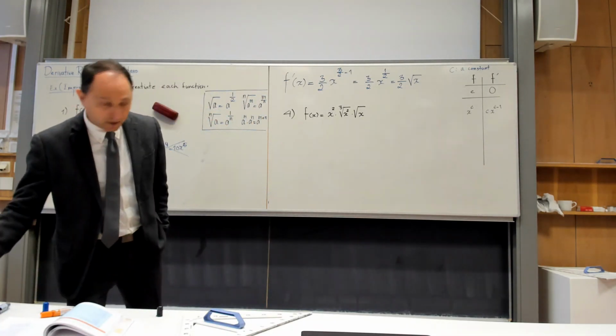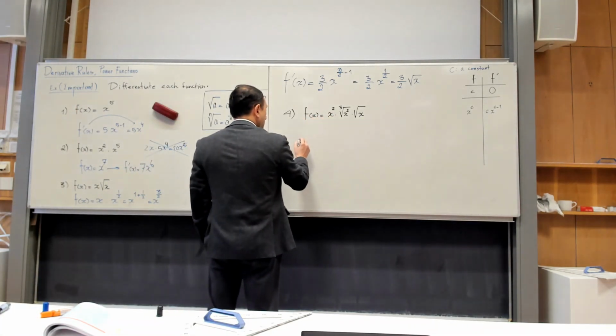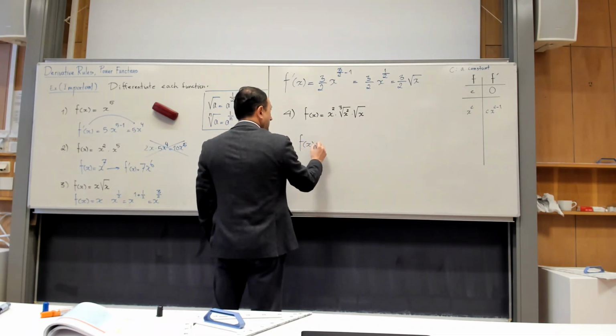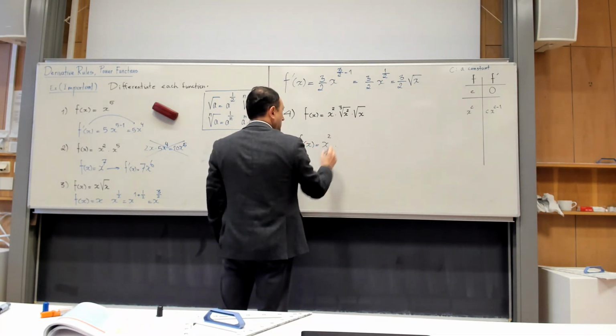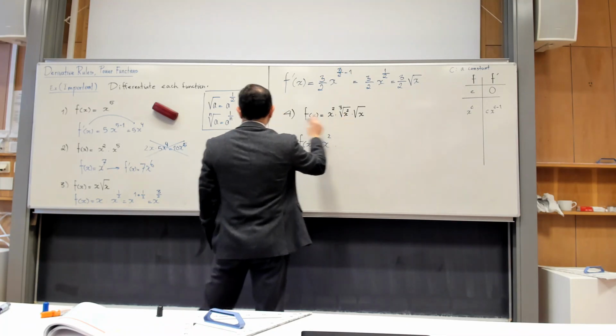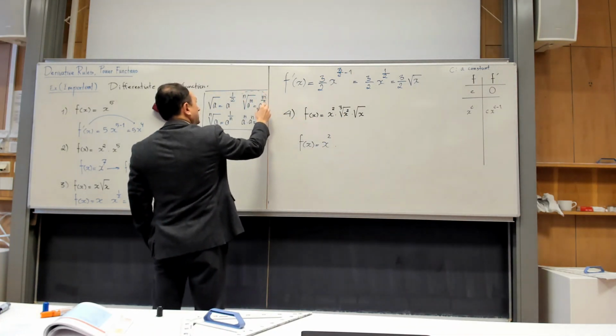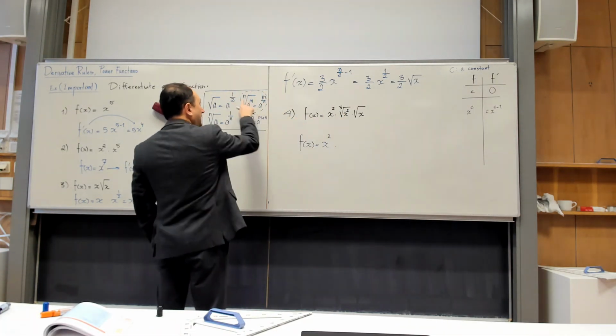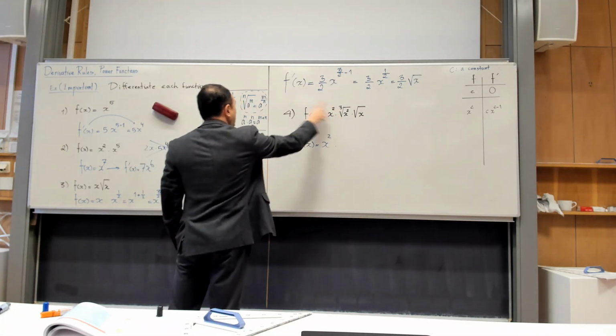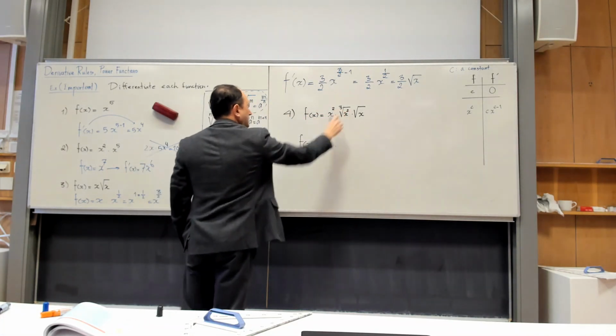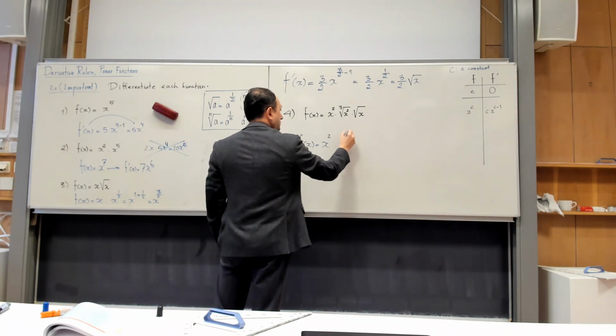So here, what I do, I would write it as f of x equals x to the power of 2. Then I can always use this formula, yes? So here, n is 3, m is 2. So then it becomes x to the power of 2/3.